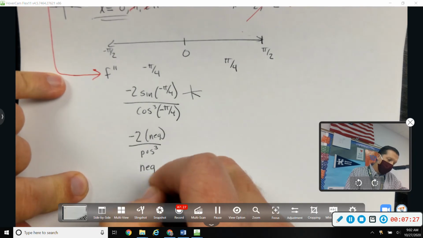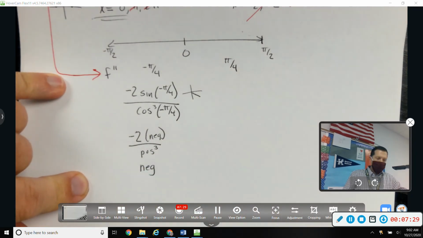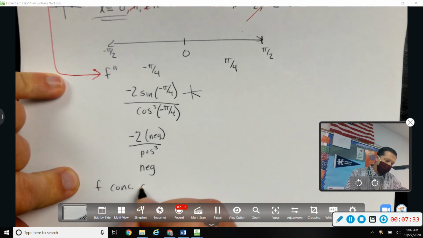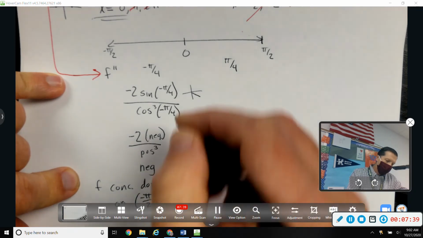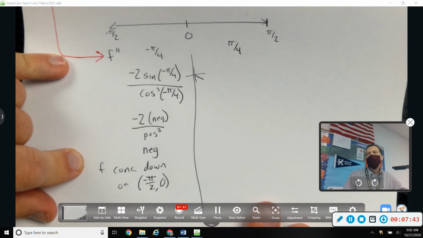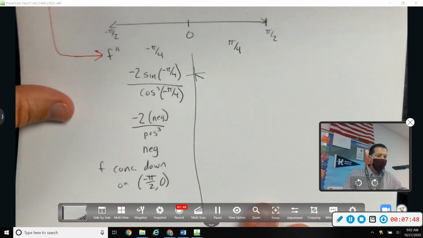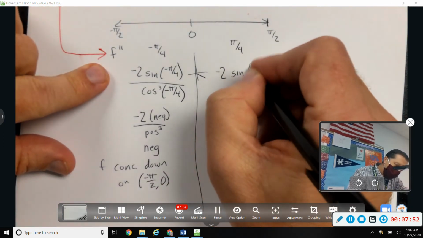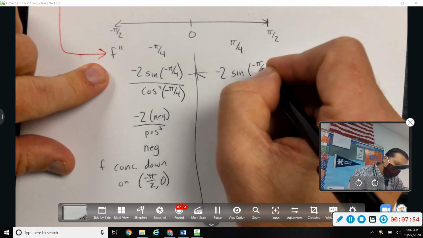All that to say we're negative. Which means f is concave down on negative pi over 2 to 0. If I'm pressed for time, I would guess that the other one's concave up. But let's check to make sure. Especially with trig functions, you never know.